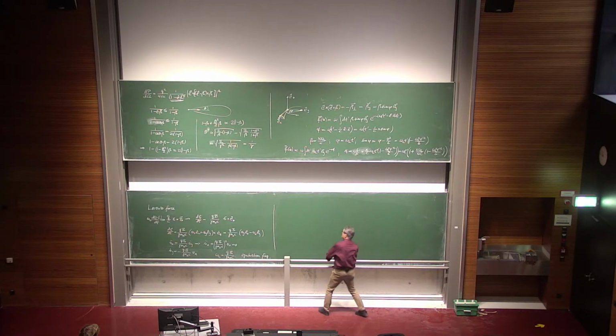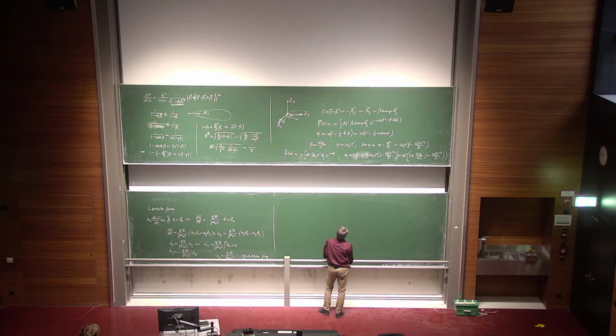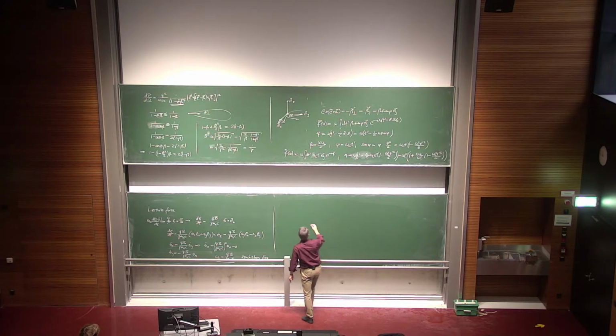Okay, so let me return to that. I'm going to write the Fourier phase again as omega T prime, 1 plus... There must be something wrong there.